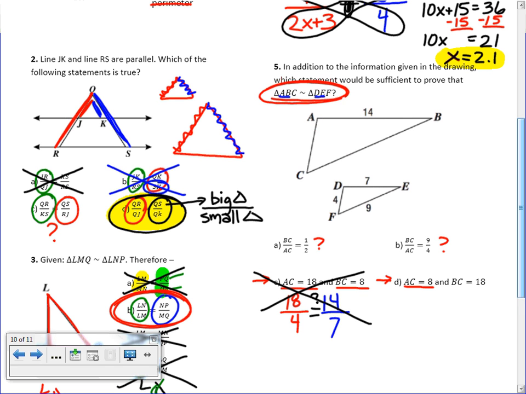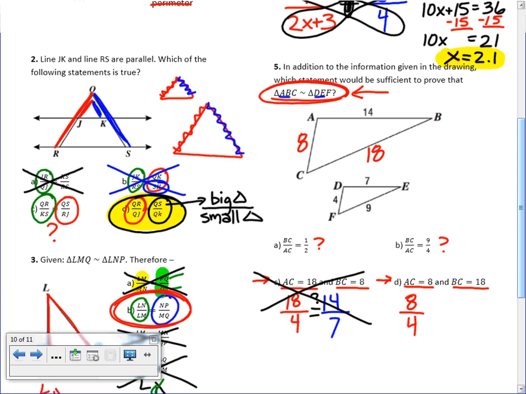I've got AC equal to 8. Okay, that makes a little more sense with my diagram. B to C equal to 18. Okay, so they just switched them for this one. So let's see if this makes more sense. A to C, according to my statement up at the top, has to correspond to D to F. So that would put 8 over 4.